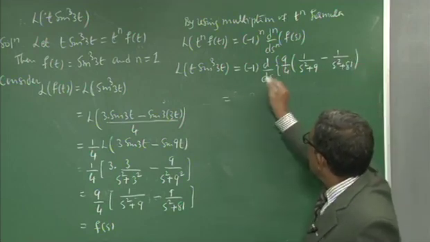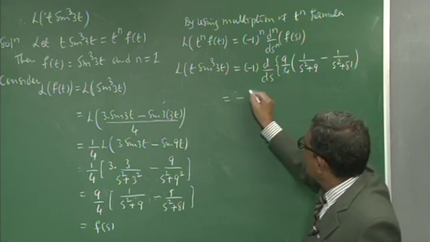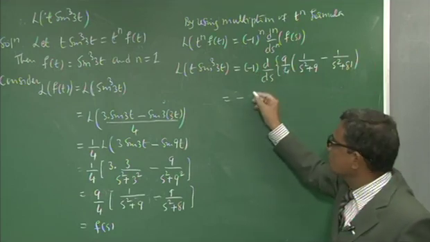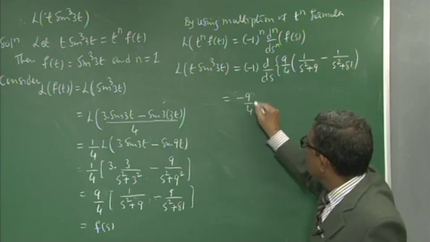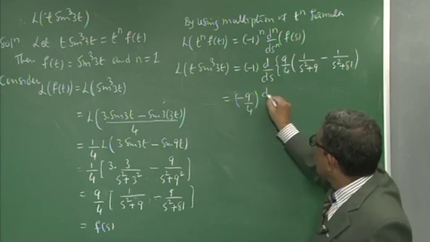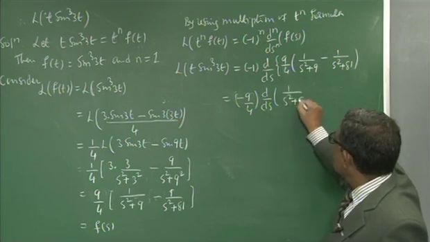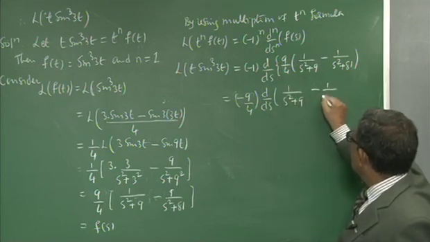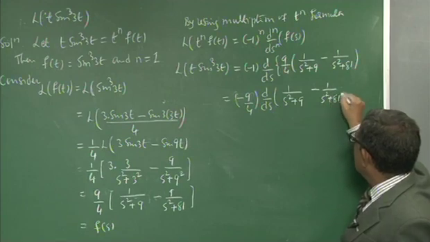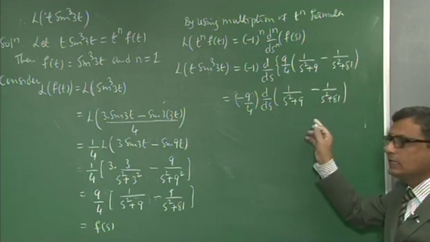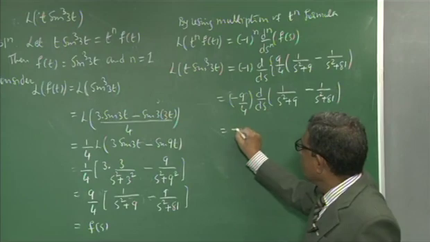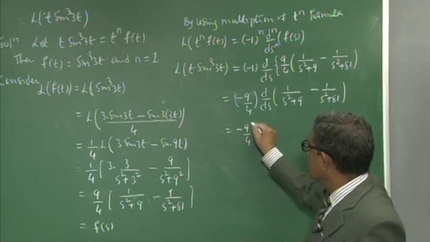Now 9 by 4 is constant, you can take it outside, multiplied by minus 1, it becomes minus 9 by 4 d by ds of 1 divided by s square plus 9 minus 1 divided by s square plus 81. Now differentiate with respect to s. What happens?